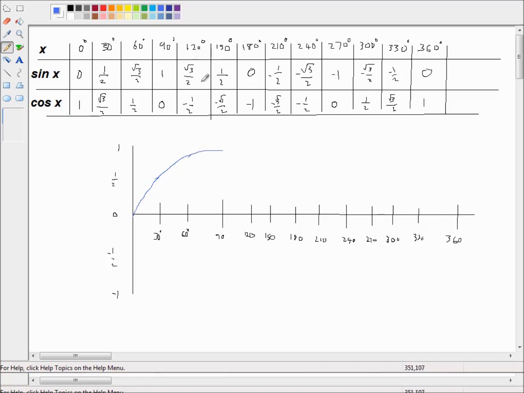And now at 120 degrees we're back to root 3 over 2. So that's somewhere around here. And then 150 degrees we're looking at a half again. And then 180 degrees we're back to 0.